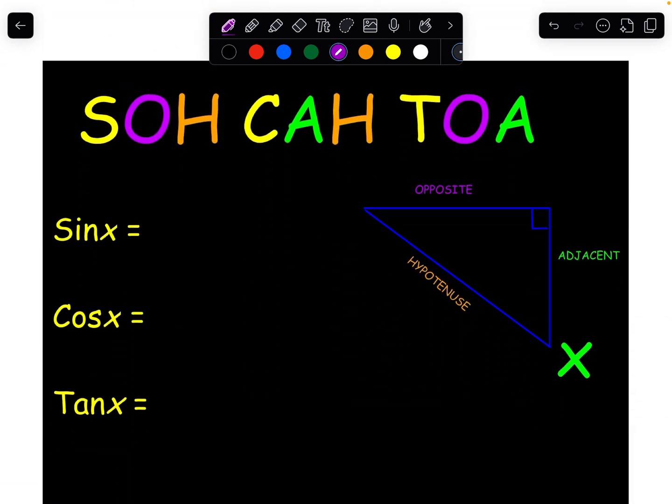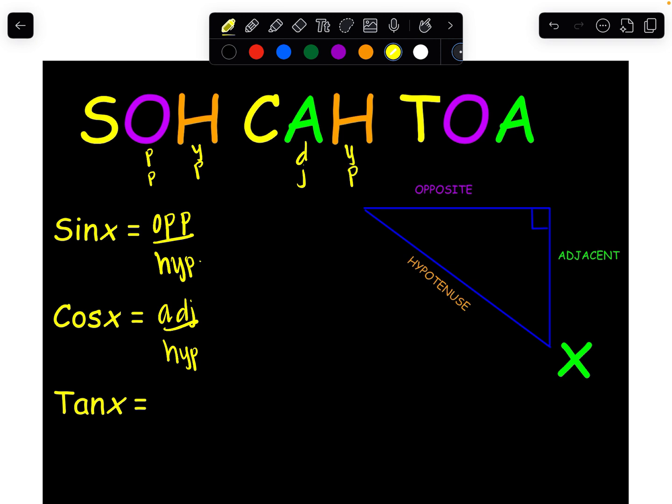There are three main ratios that exist if you have a right triangle. SIN means sine is the opposite over the hypotenuse. That's what this means here. Sine is opposite over hypotenuse. COS means cosine is the adjacent side over the hypotenuse.